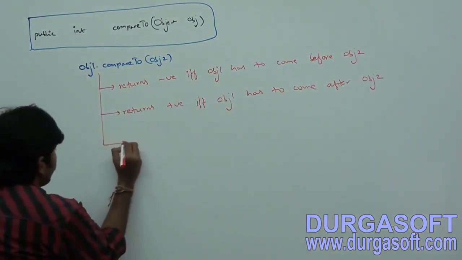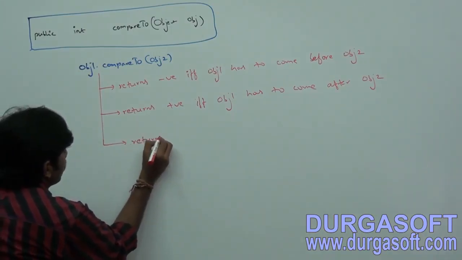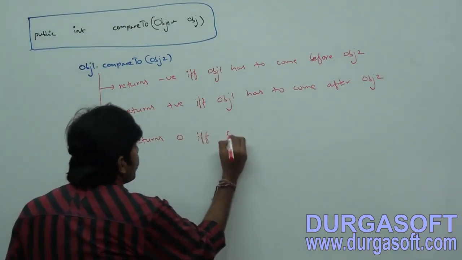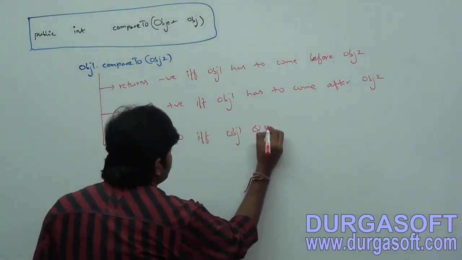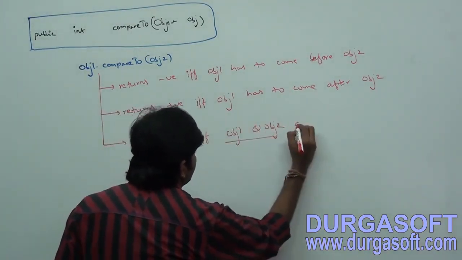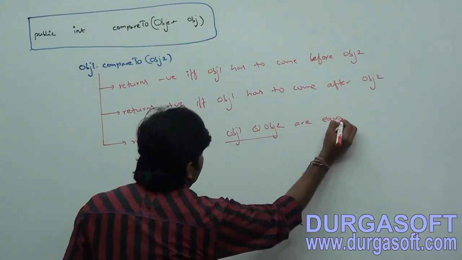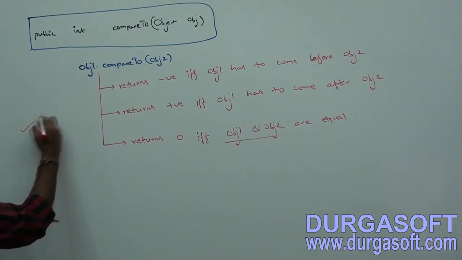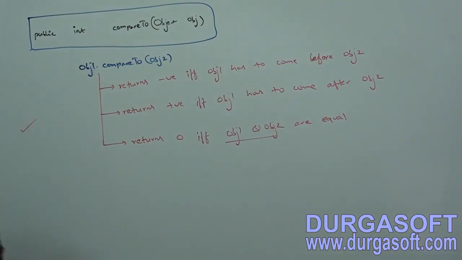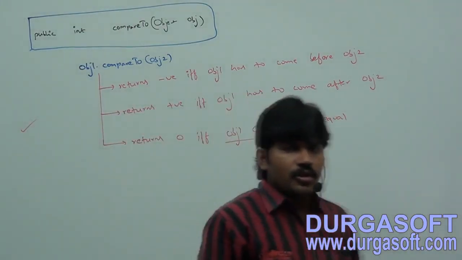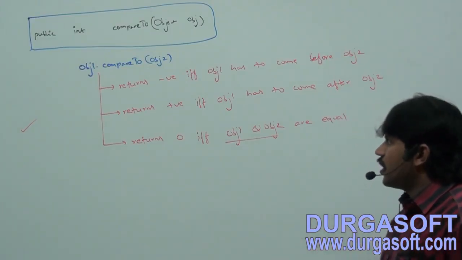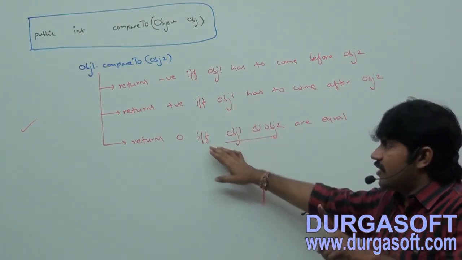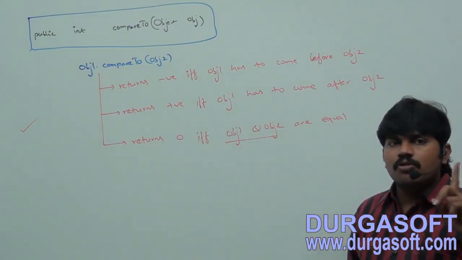Next, it returns 0 if and only if obj1 and obj2 are equal. Make sure you have clear clarity on when it returns negative, positive, and 0.